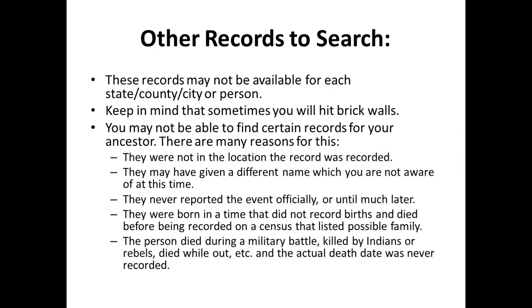They were born in a time that did not record births, and they died before being recorded on a census that listed possible family. That's probably one of the most common things that brings us to a halt with someone, especially revolutionary ancestors.